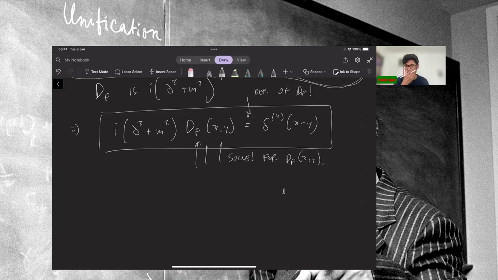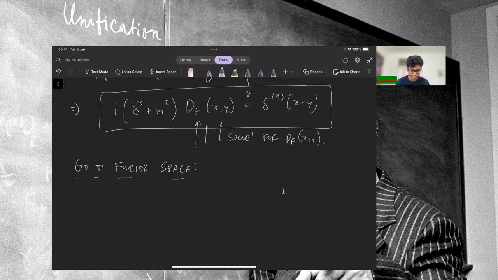The answer for everything that involves a differential equation in a system with translational invariance like this one is to go to Fourier space. In other words, I assume that I can write D_F of x and y in this way: integral d4p divided by (2 pi) to the 4th, times e to the minus i p (x minus y), D_F twiddle of p.